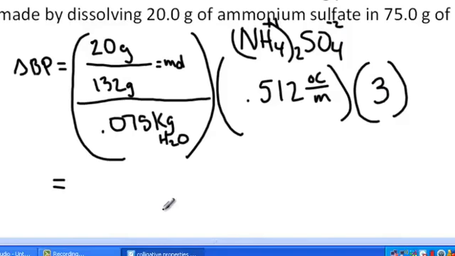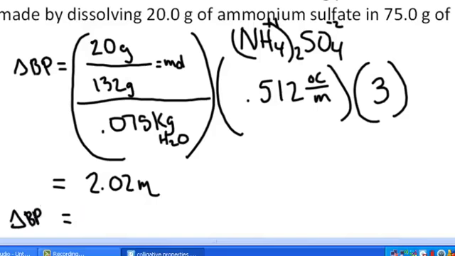How much did the boiling point elevate by? 20 divided by 132 divided by 0.075, and my molality simplified to 2.020202 times 0.512 times 3.